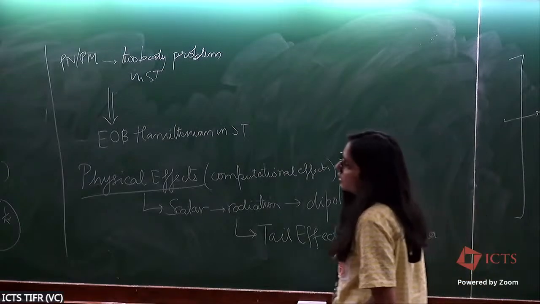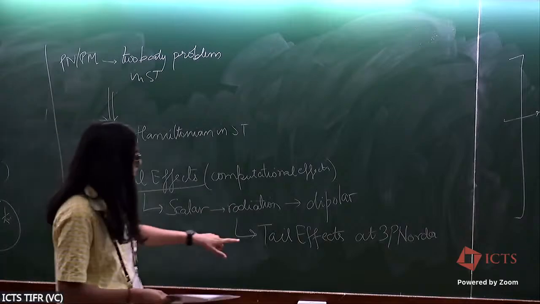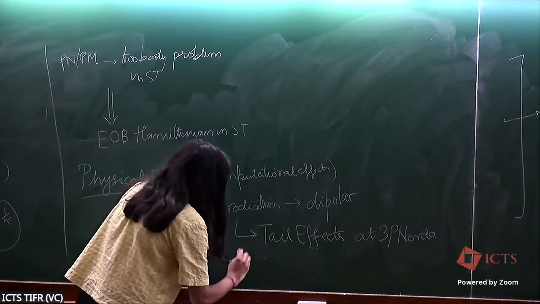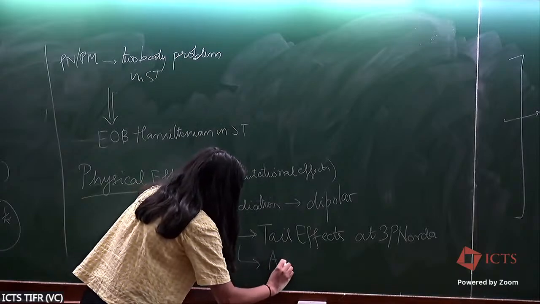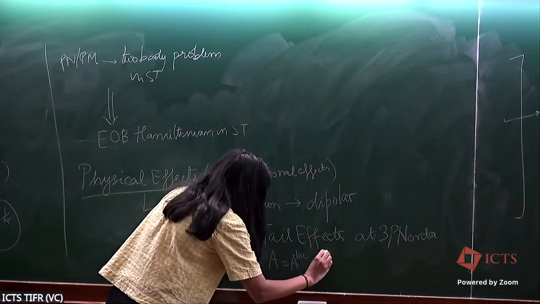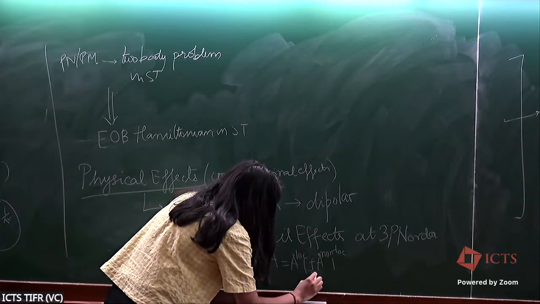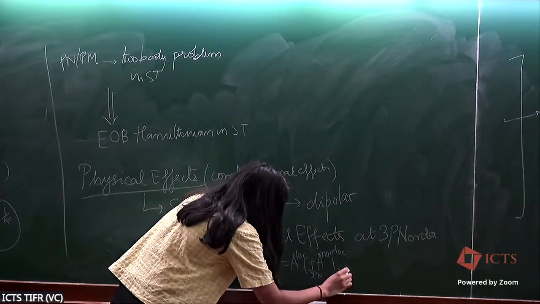So they start at 3PN order instead of it being 4PN, as we were saying here, when you separated the non-local piece from the local piece. So one has to start separating the A potential into A local plus A non-local at 3PN itself.